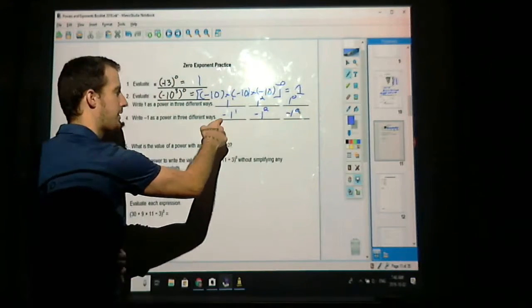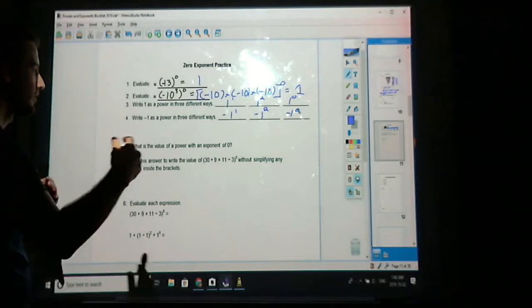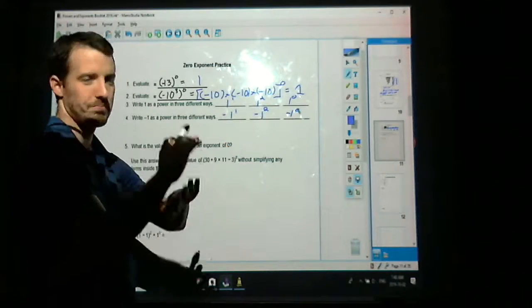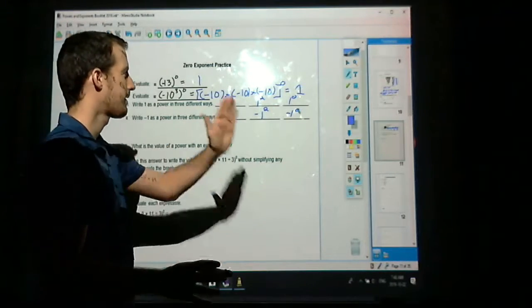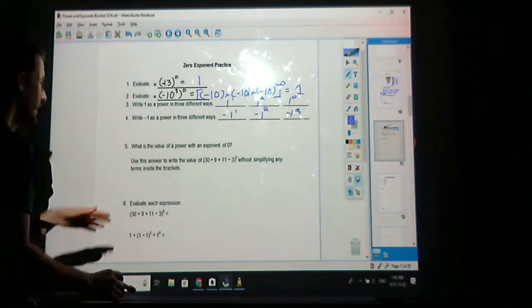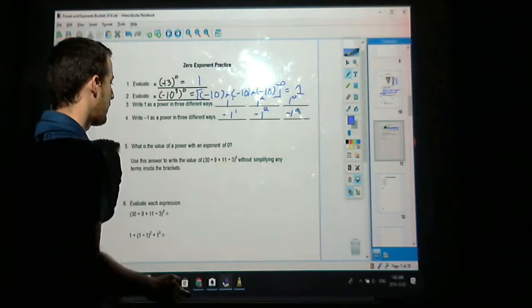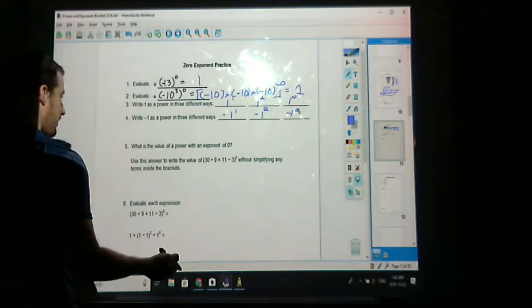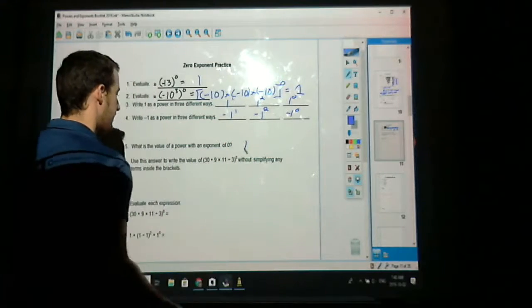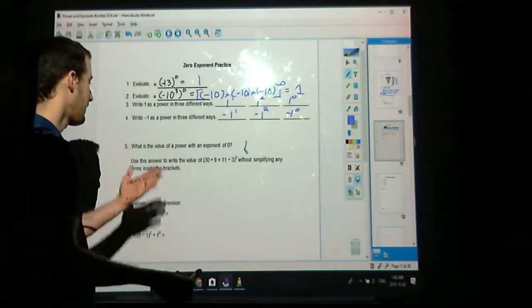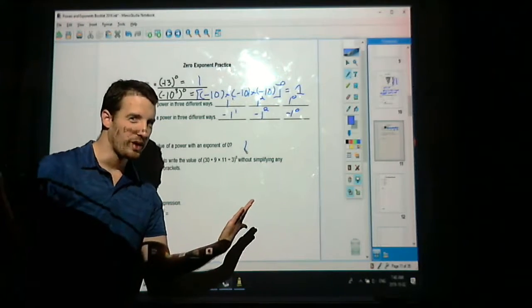Because again, the negative is not part of the base. It is excluded from the base. It is a separate entity of its own that gets tacked on at the end. Okay? What is the value of a power with the exponent of 0? 1. Awesome. Nice. Easy.